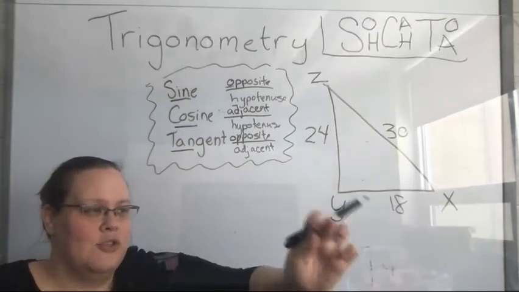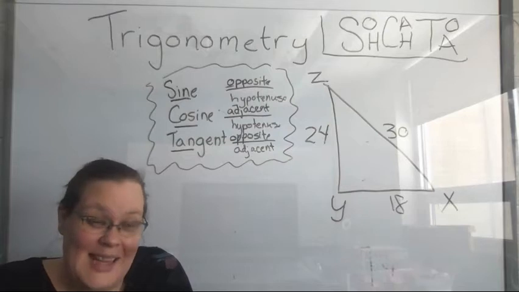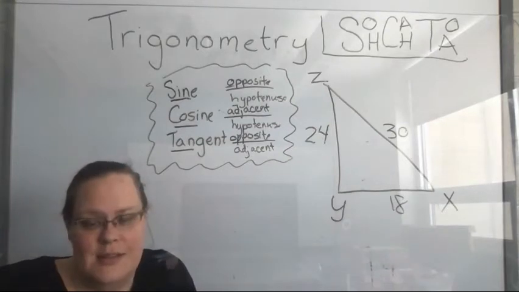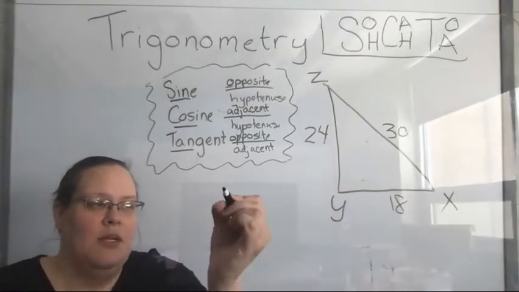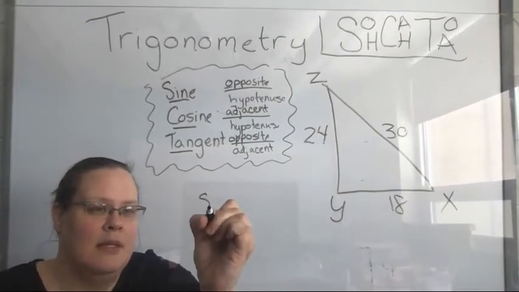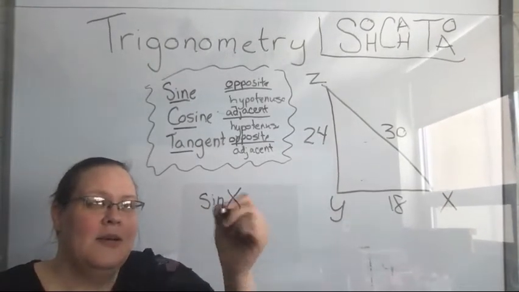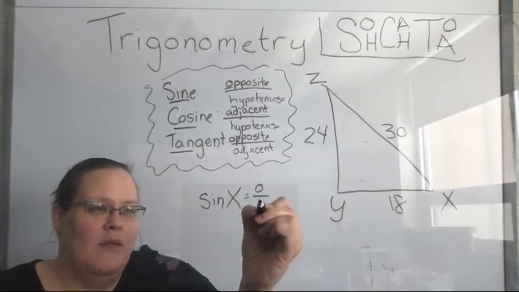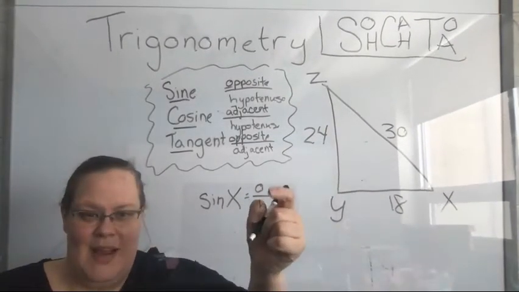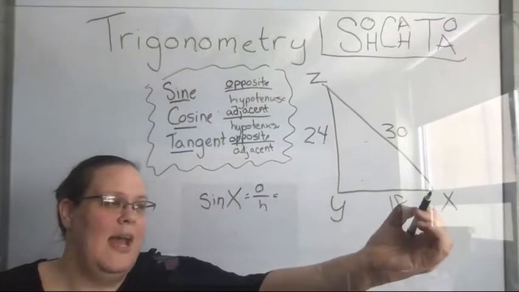You'll see that I have this triangle here, and I know the sides' lengths. I also have some angles that are labeled. So for example, if I want to find the sine of x, remember that I want the opposite over the hypotenuse. I might just write that here so that I remember. Now I'm going to look at x.